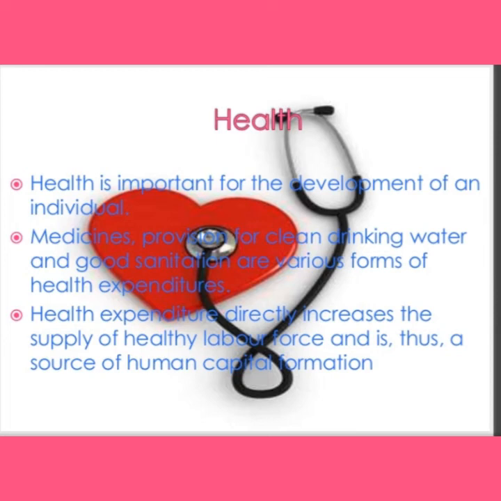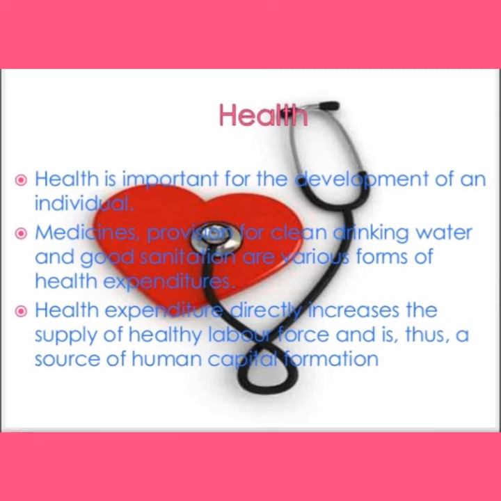And the second one is health. Health is also important for the development of an individual. Medicines, provision of clean drinking water and good sanitation are various forms of health expenditure, and they directly increase the supply of a healthy labor force, thus a source of human capital formation. And this is the second source of human capital formation.